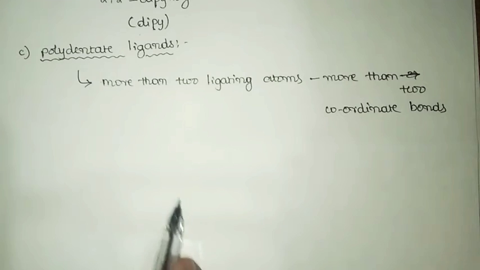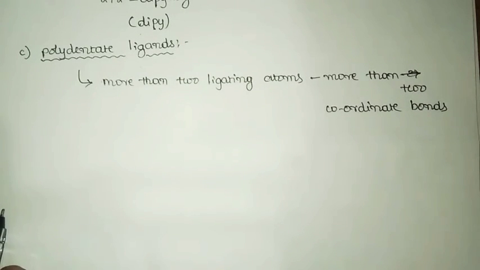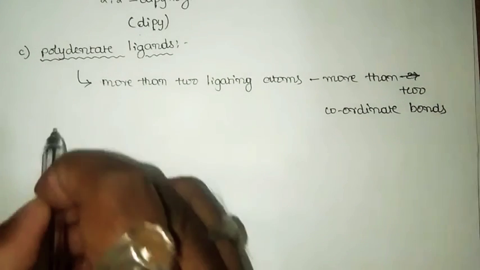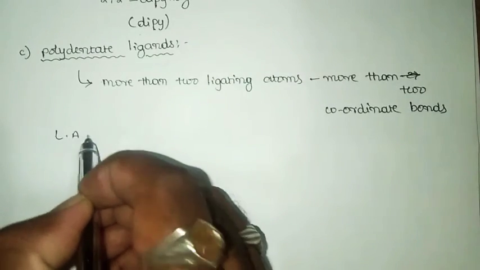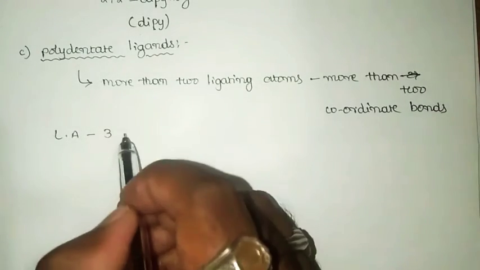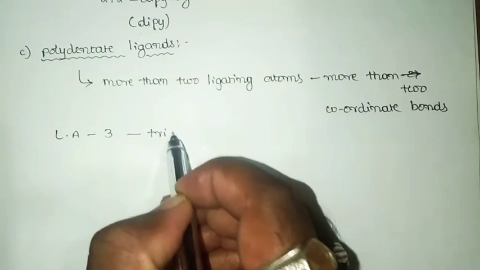Such kind of ligands are simply called as polydentate ligands. Say for example, if the number of ligating atoms are 3, then that will be called as tridentate ligand.